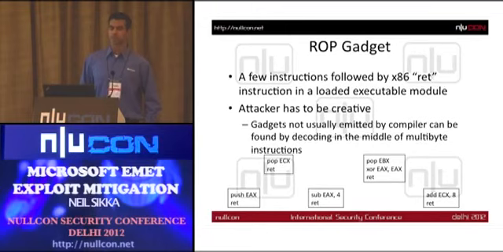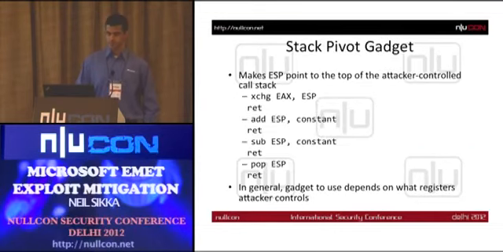They can do this by searching partway through multi-byte instructions. So if they decode the instruction differently, then they can get different behavior. Some examples of stack pivot gadgets are pop ESP, like I said earlier, or xchg EAX, ESP. In general, the stack pivot gadget to be used is very heavily dependent on the vulnerability because it depends on which register the attacker controls.